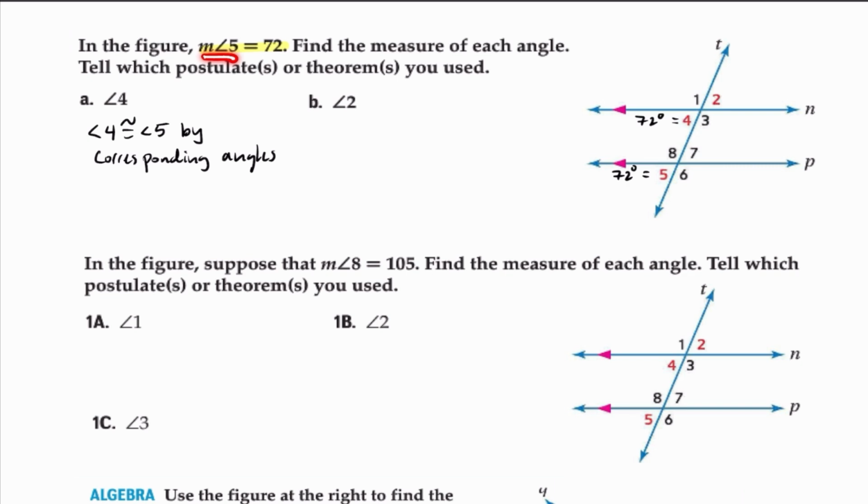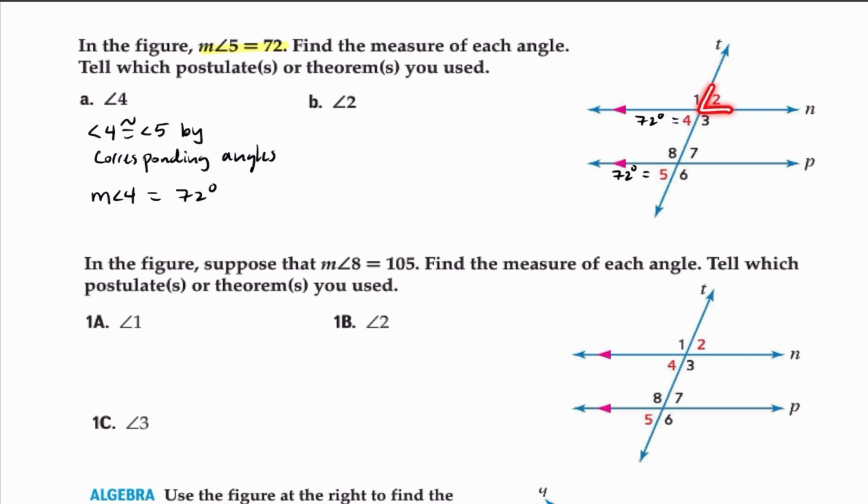And if the measure of angle 5 is 72 degrees, then that implies that the measure of angle 4 is 72 degrees as well. So you're going to provide the answer, and you're going to give me the reason. And then let's go ahead and figure out the measure of angle 2.